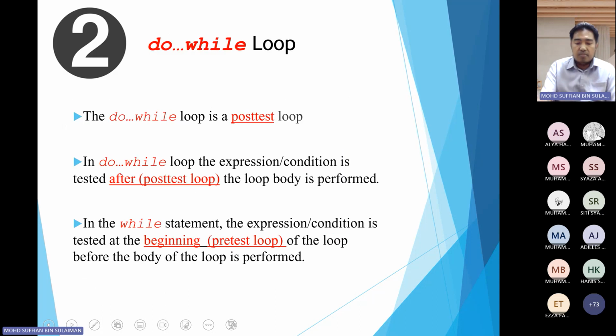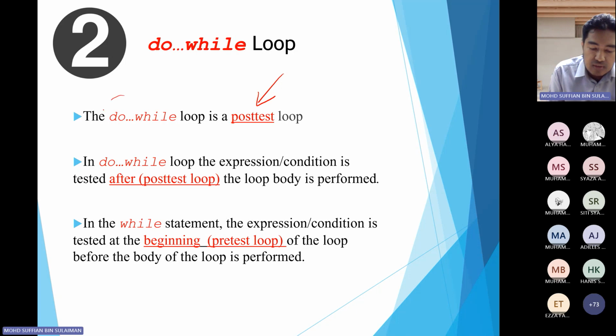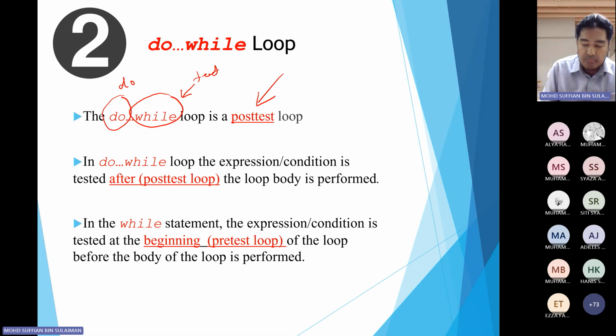Next, do-while. Like I said, do-while is a post-test, because we do first and then we test later. That's what we call a post-test. While is a pre-test.